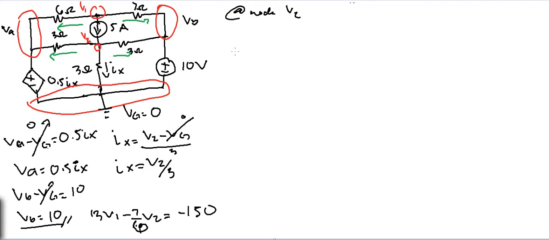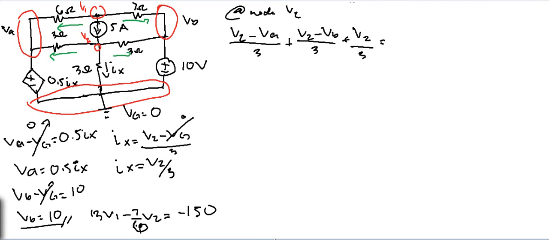Now, to write the equation at node V2, we have V2 minus VA over 3 plus V2 minus VB over 3 ohms. What else? We have V2 over 3.